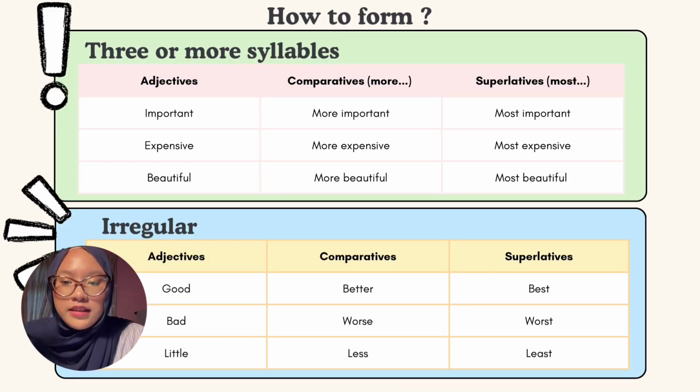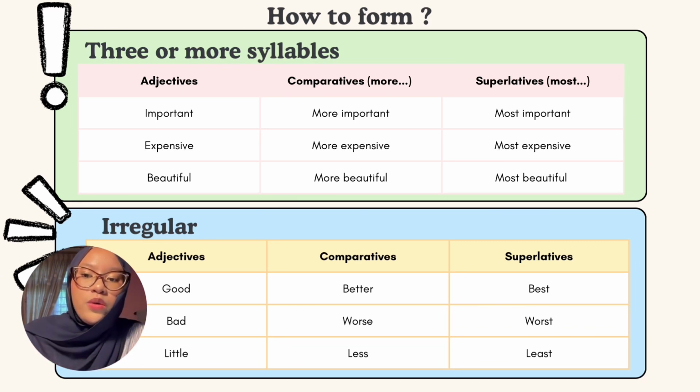For longer adjectives, those with 3 or more syllables, we don't add endings at the back of the word. Instead, we use more and most. For example, important becomes more important in its comparative form, and most important in the superlative form, and so on. And the last one is the irregular form.